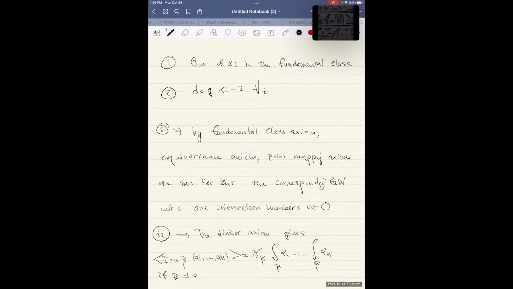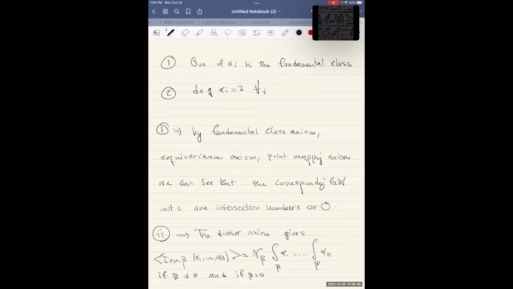And then this is going to be, if β is not equal to 0, this is the case. And if β is equal to 0, okay, then it means that because I'm looking at divisor classes, the image of the curve into the ambient variety is just a point. So the Gromov-Witten class should be the cohomology class of the locus in the ambient variety where all αi's intersect with each other.